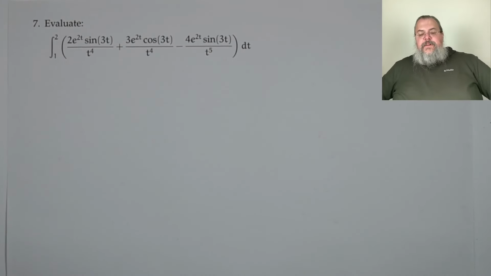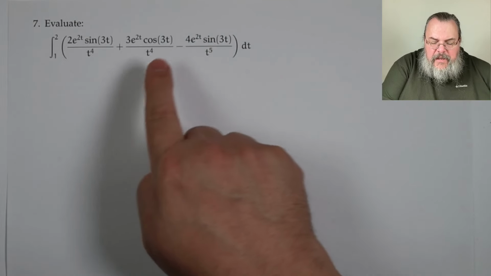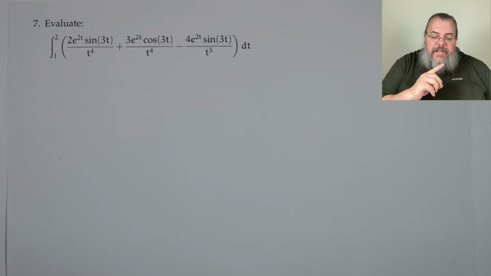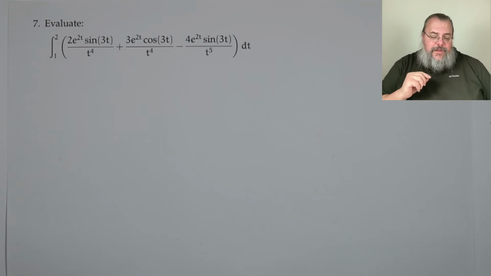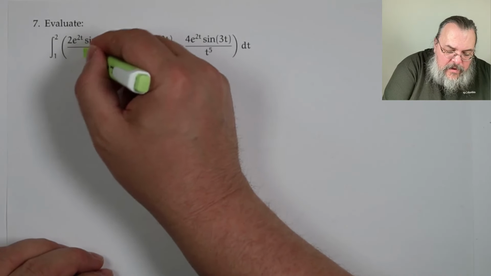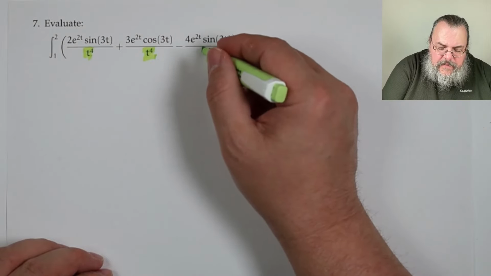As you look at this, you say, I have 3 pieces, but they're kind of tied together. Some things seem really close to other things. For instance, I notice I have a t to the 4th in these 2 pieces, but here I have a t to the 5th.